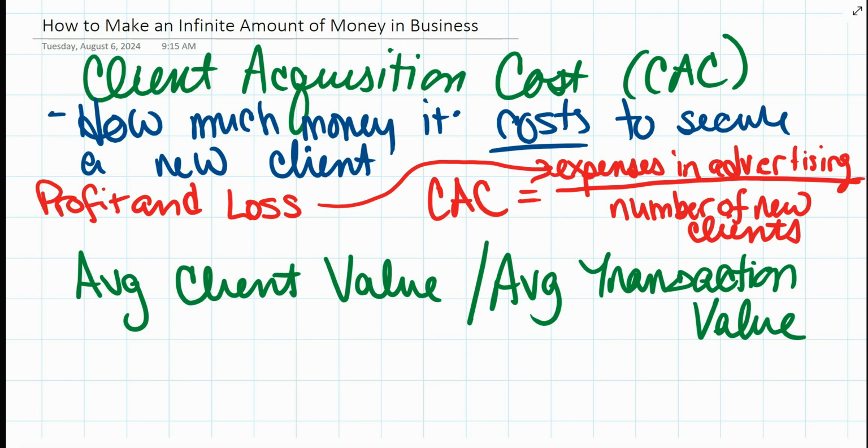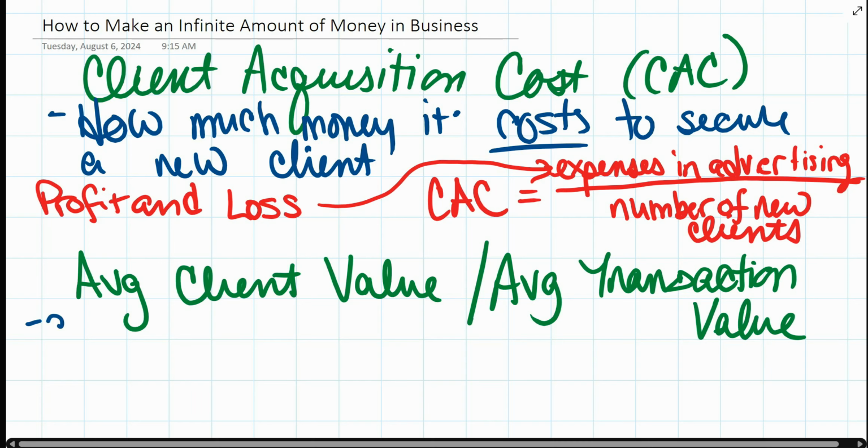So then let's take a look at this next piece here. My average client value or my average transaction value. I separated these out because, again, an average client value is the average amount of money a client spends with me in a time period.